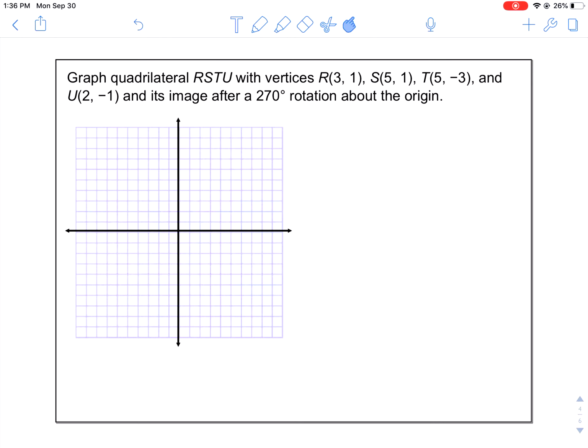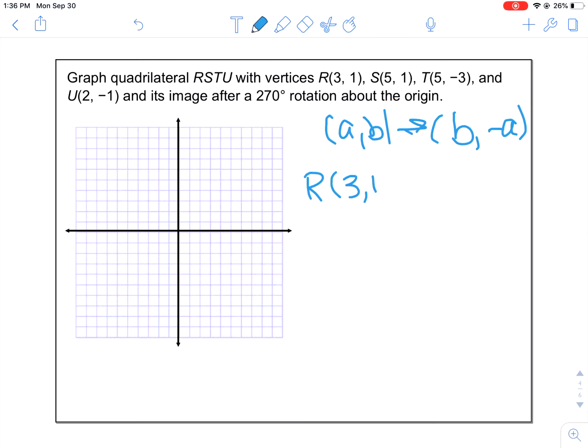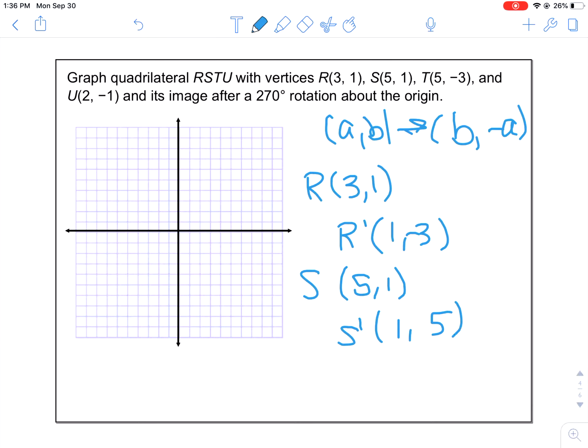But our rule for 270-degree rotation is that (a, b) becomes (b, -a). So if R is at (3, 1), then R prime, we switch them, and then the second one becomes negative. S is at (5, 1). So S prime, we switch them, and then the second one becomes negative.